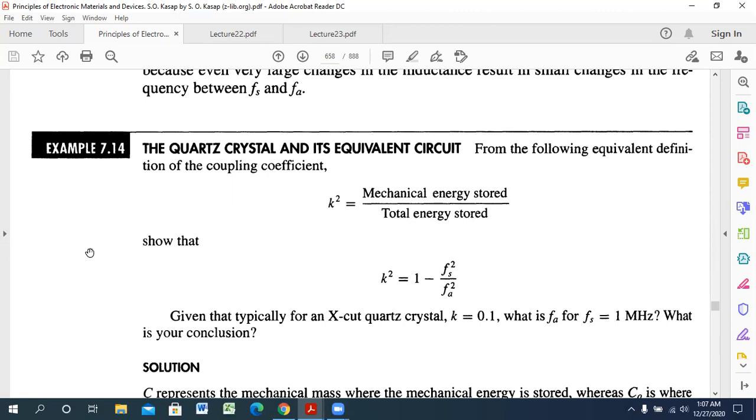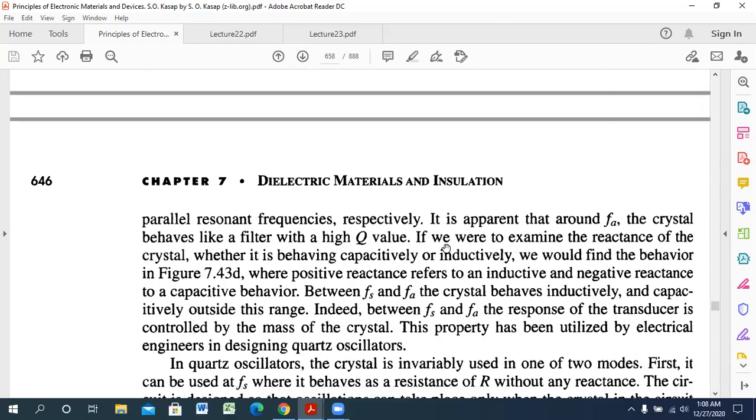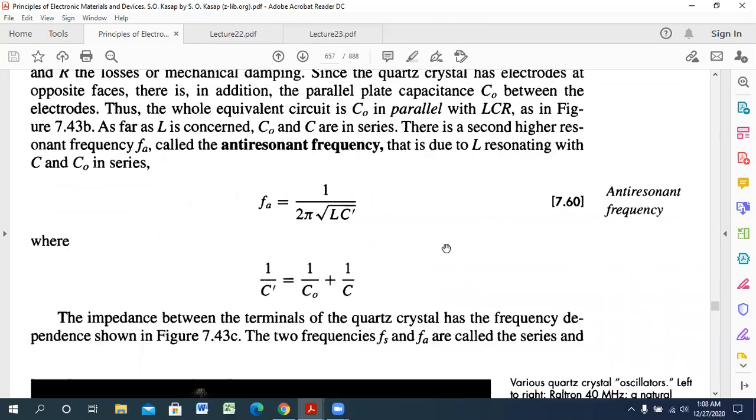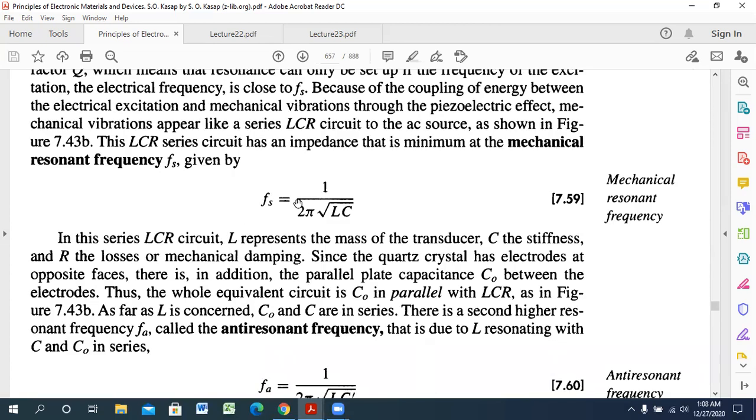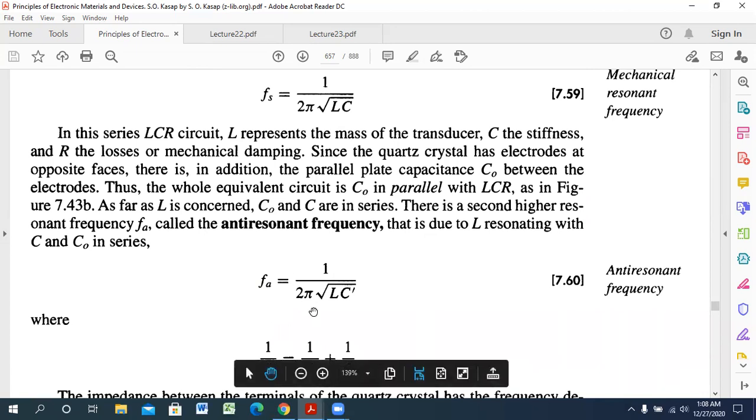They ask you to prove that K square equals 1 minus (Fs divided by Fa) square. Fs is the mechanical resonant frequency, 1 divided by 2 pi root over LC, and Fa equals 1 divided by 2 pi root over LC prime.